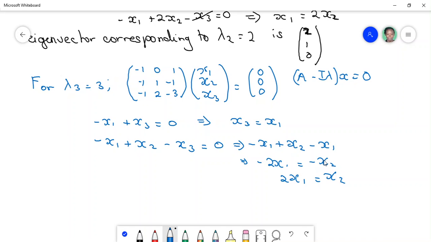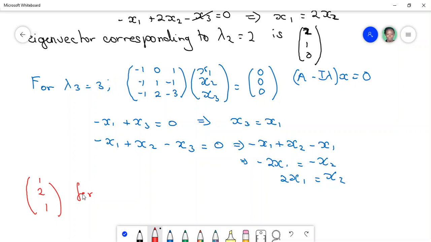So from here, your eigenvector is going to be: x1 is 1, and if x1 is 1, x2 is 2 of x1, which is 2, and x3 is equal to x1, which is 1.